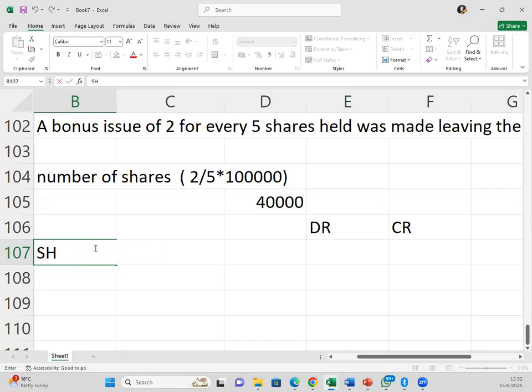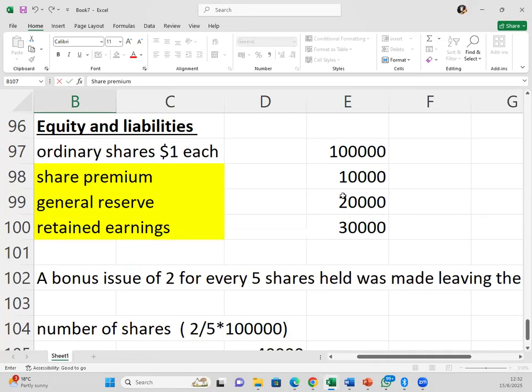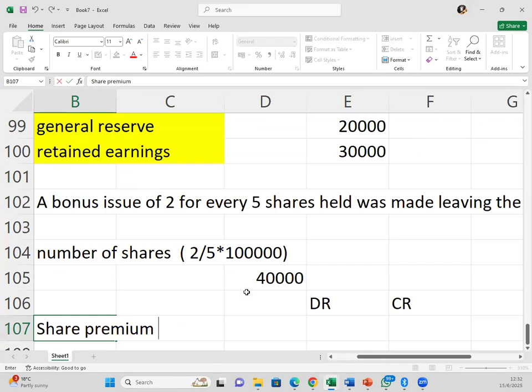But how much do we have in our share premium account? We have 10,000, but we need to debit 40,000. So we can't debit more than what is in the share premium. Debiting means you're removing from the share premium. You can't remove more than what is in the account. You can't take away $40 from a pocket that is $10.